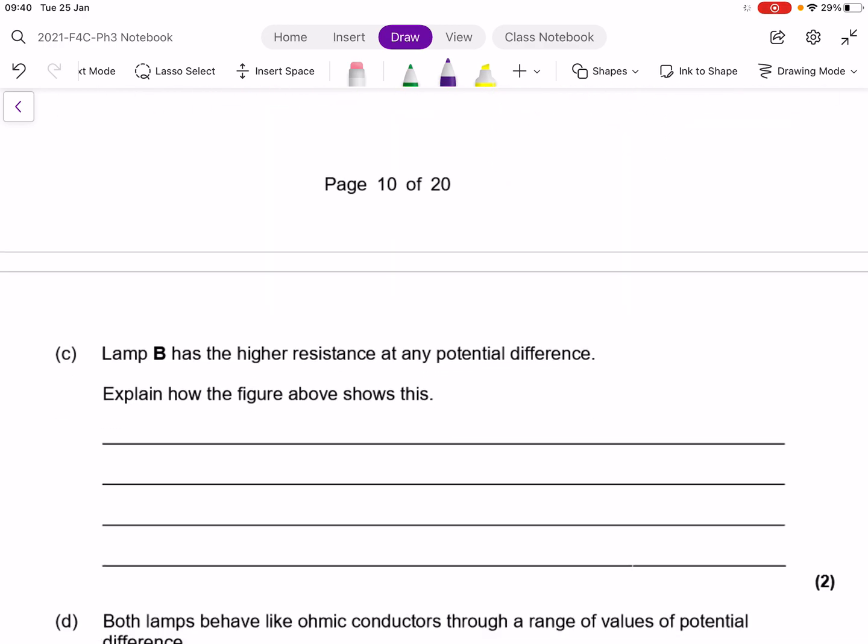Lamp B has a higher resistance at any potential difference. Explain how the figures show this. Well, for the same PD, so let's just shorten this potential difference to PD. For the same PD, lamp B always has less current.